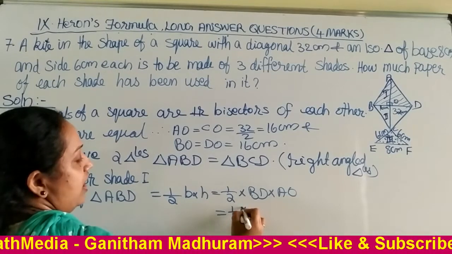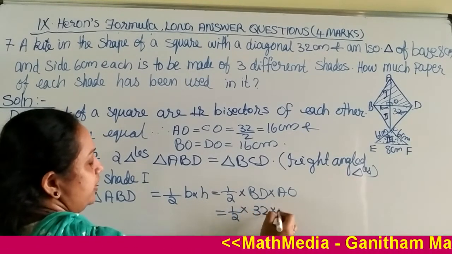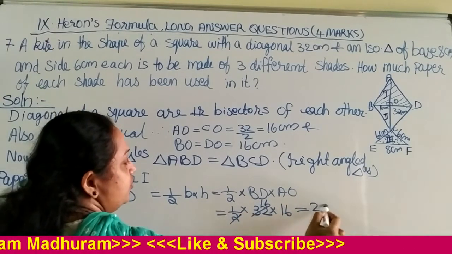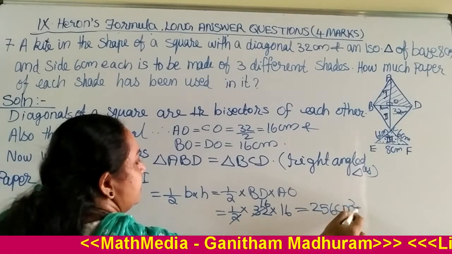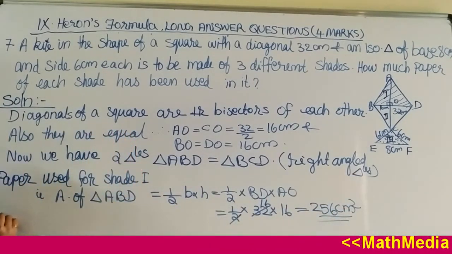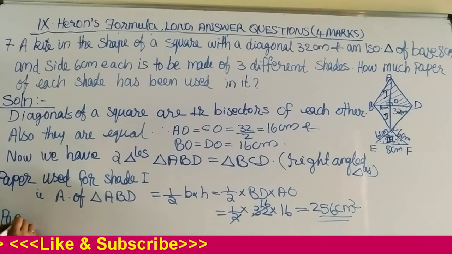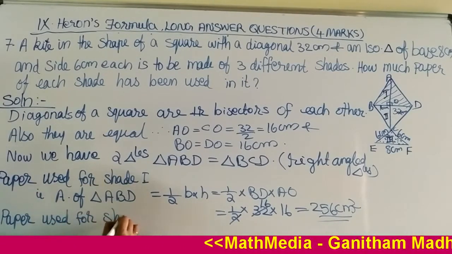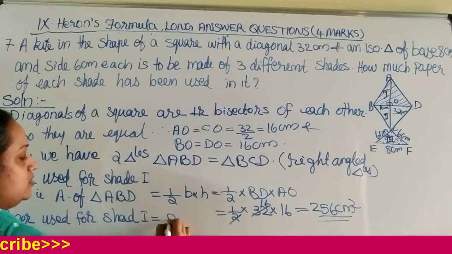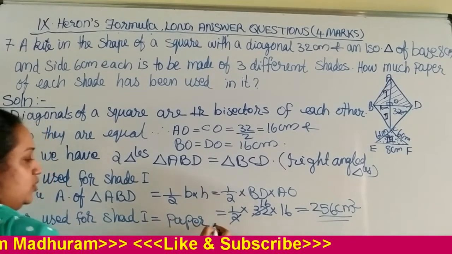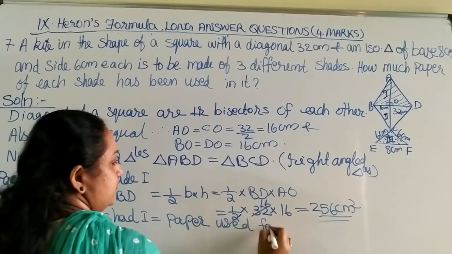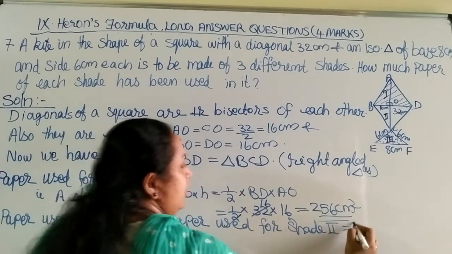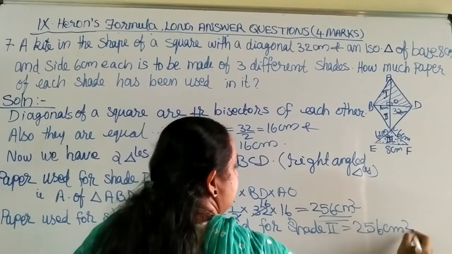Substituting the values, half into 32 into 16, 16 16s are 256 centimeter square. So paper used for shade 1 equal to 256 centimeter square, and paper used for shade 2 equal to 256 centimeter square.